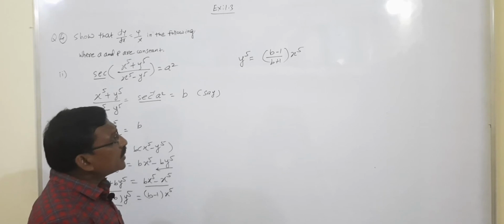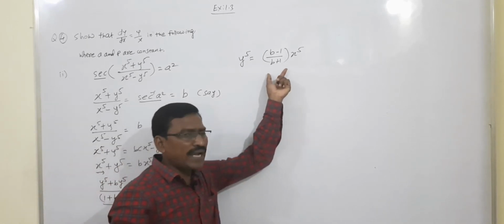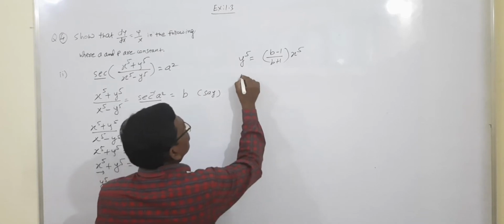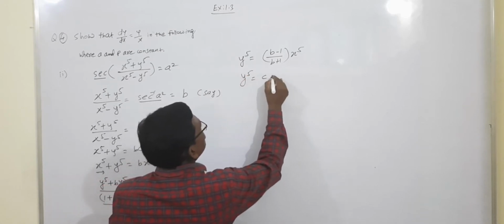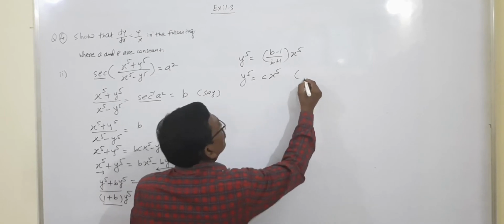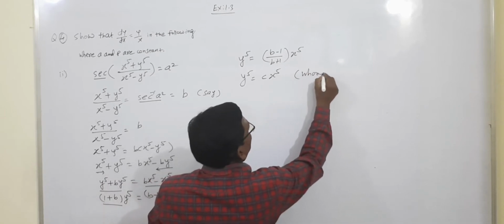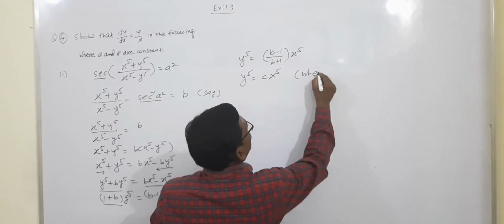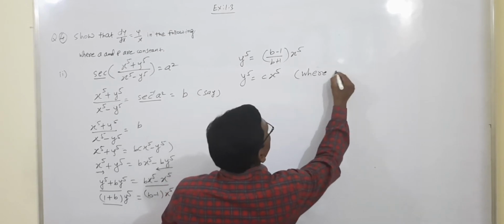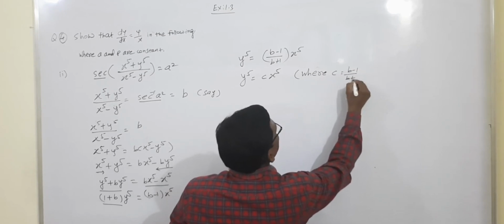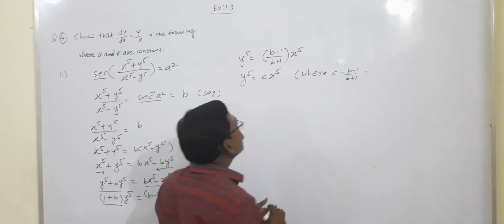Now again we consider this constant bracket, say c here, equal to c into x to the power 5, where c equal to b minus 1 divided by b plus 1.